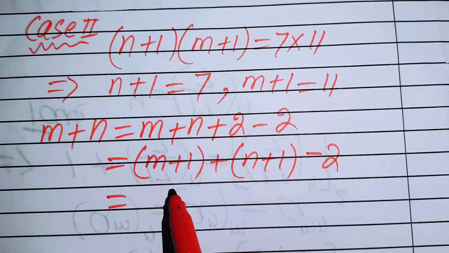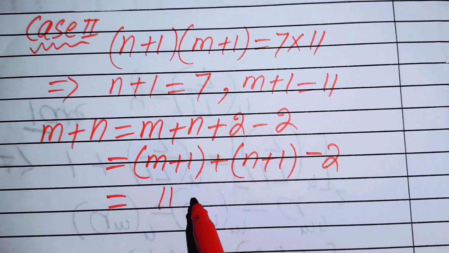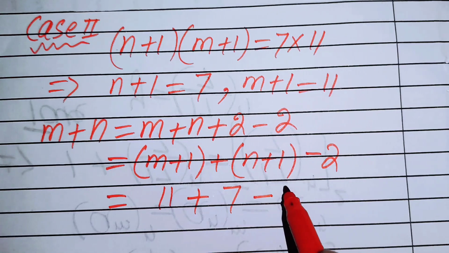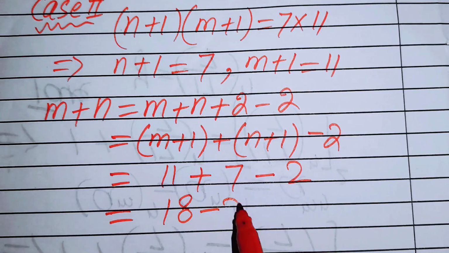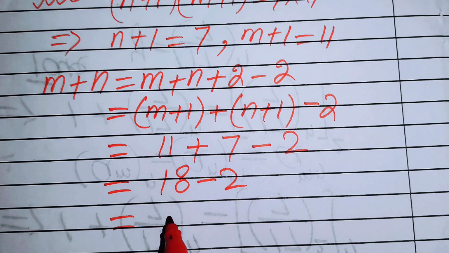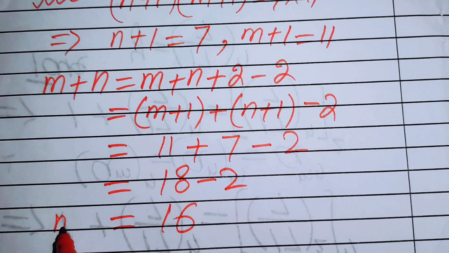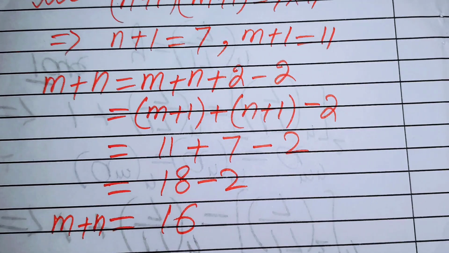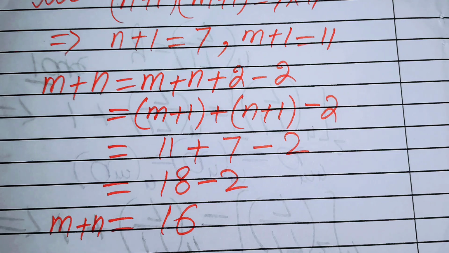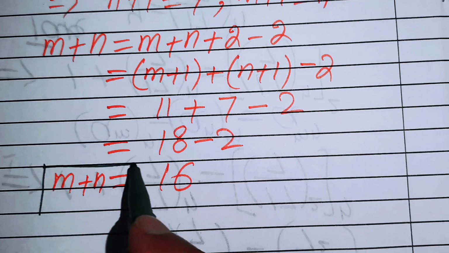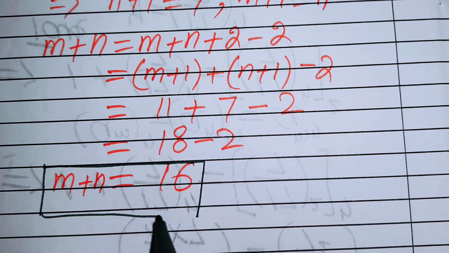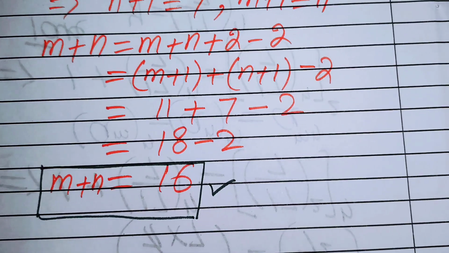So we use both of these values here, and you get 11 plus 7 minus 2. 11 plus 7 is 18, minus 2 equals 16. So this is the value of m plus n in the second case, and in both cases you get the same value of m plus n, and this is our final answer.